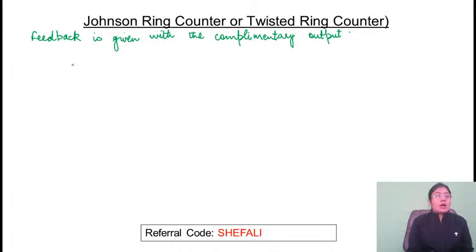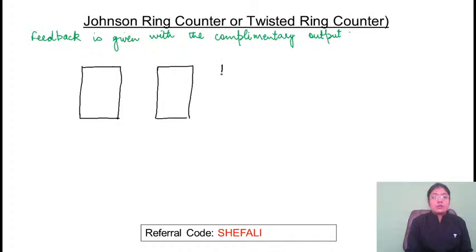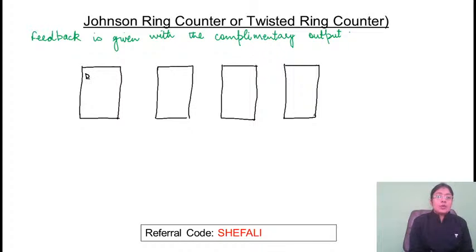So let's take a 4-bit counter. I'm taking 4 D flip-flops. Just here we will change the feedback. This is D3.